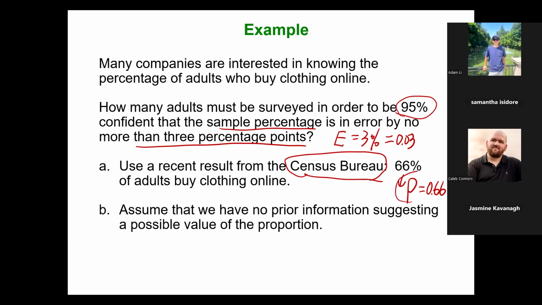So in this case, P is 0.66. And then the second one is assuming that we have no prior information suggesting a possible value of the proportion. So this is where P hat is unknown.